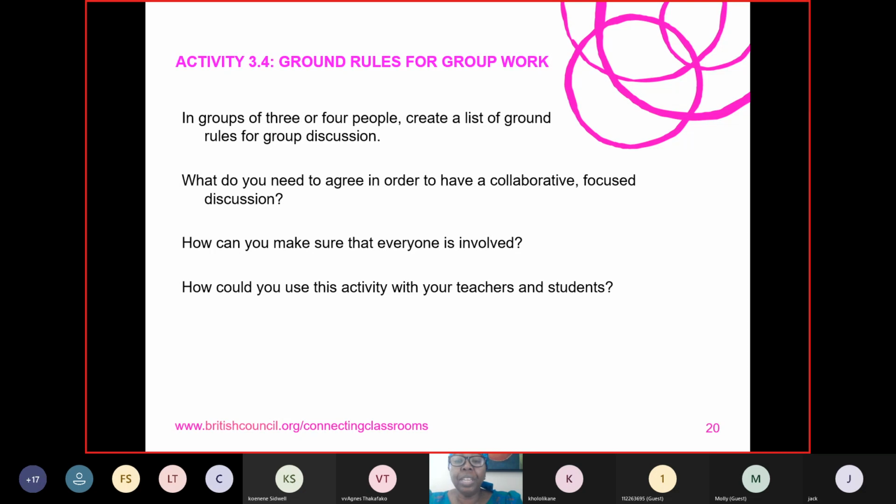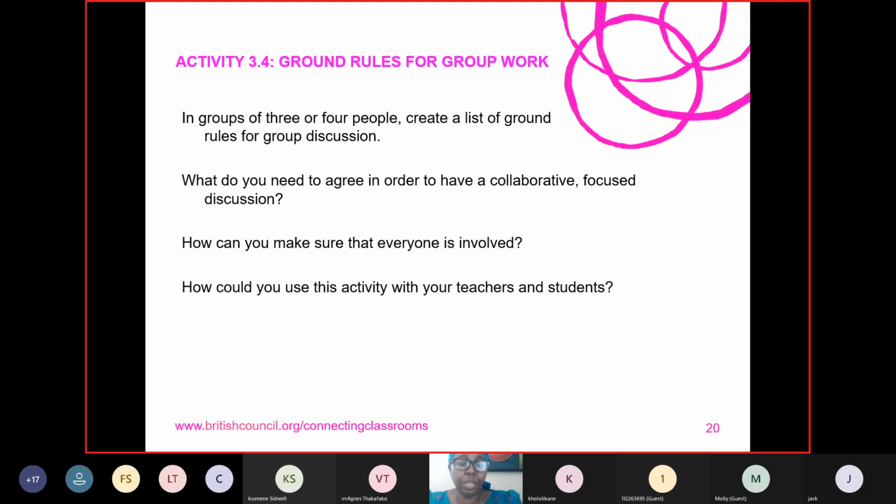It's a pity that my computer is giving you problems, because I have adapted the slides and included the guides of interactions from the British Council, which might also assist you when you are crafting the group ground rules for your schools.